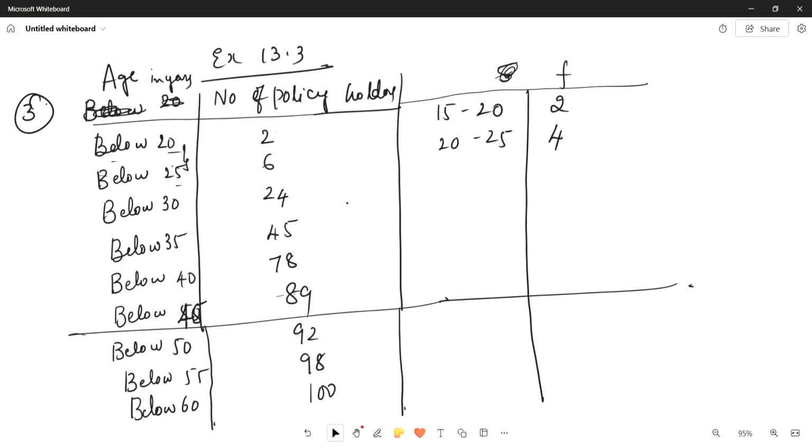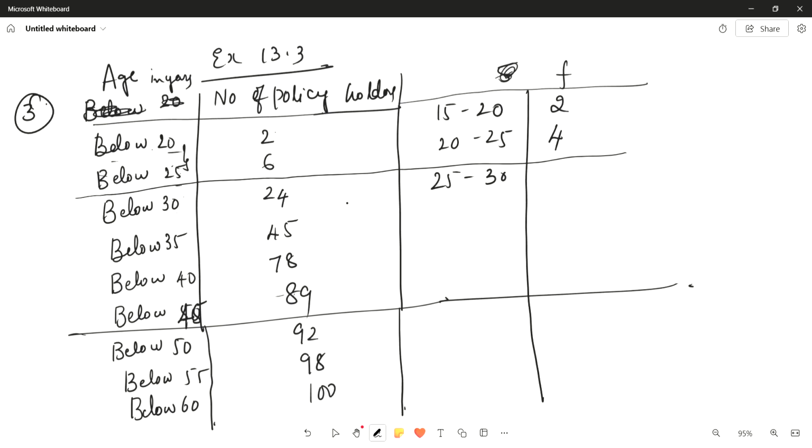Now below 30 is there. Below 30, everything below 20 and 25 will be included, correct? But we want between 25 and 30, so below 25 will not be included.